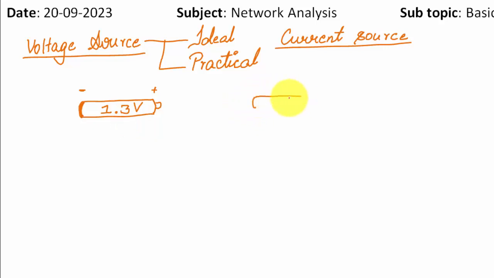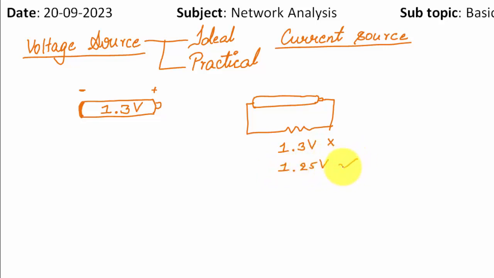Similarly, I connect this battery to a load, not a simple load, something like a complex load. Since it is connected in parallel, we expect the voltage drop across it to be 1.3 volts, but we are not getting 1.3 volts. Say we are getting 1.25 volts.